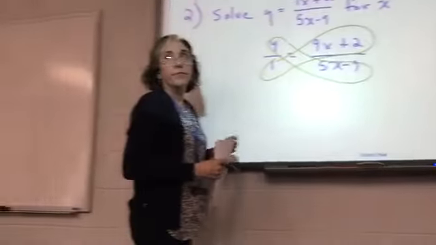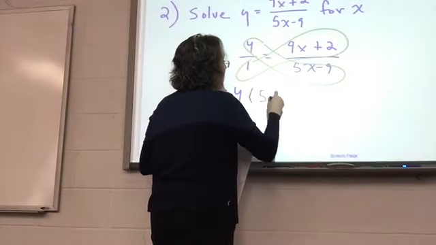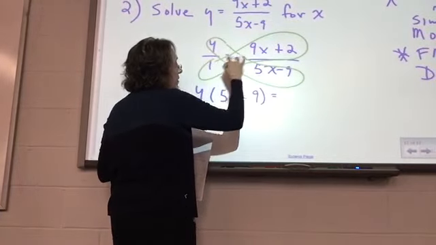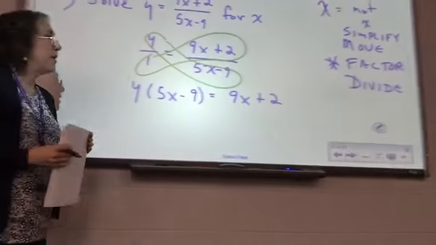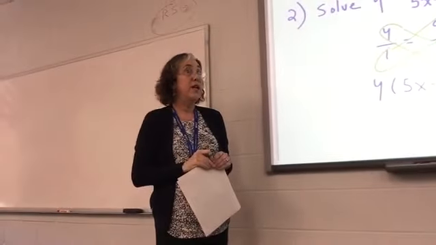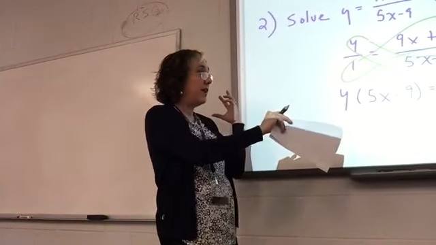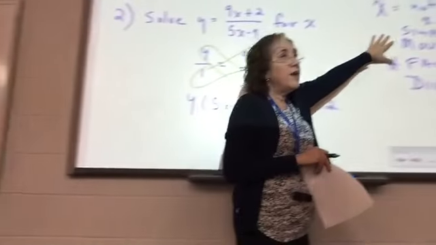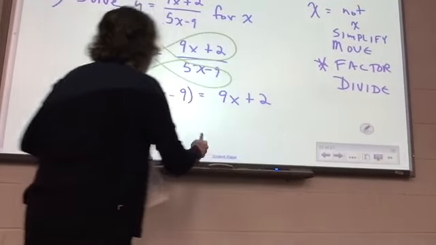Okay? So we have y times (5x - 9) equals, and I'm going to leave off the 1, times (9x + 2), because 1 times anything just gives me the same thing back. Now, I will have students multiply this out and then try to divide, and you've got to follow this process to get there.